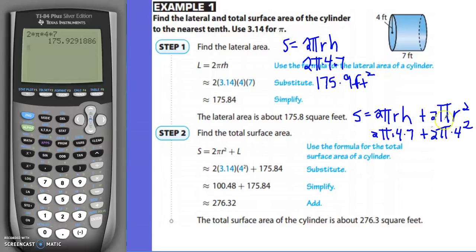Okay, now I'm going to do this one. 2 times pi times 4 times 7 plus 2 times pi times 4 squared.